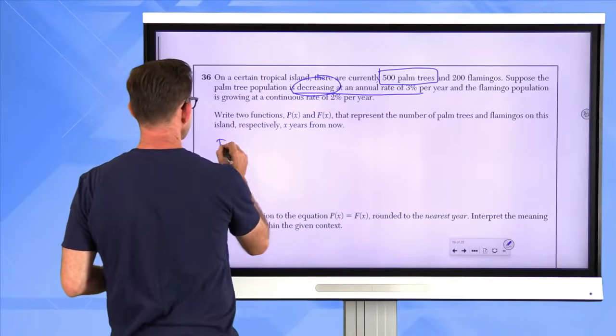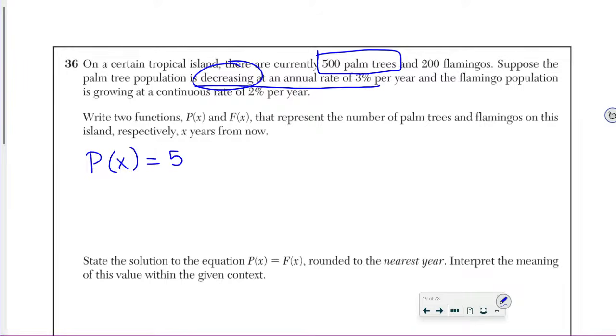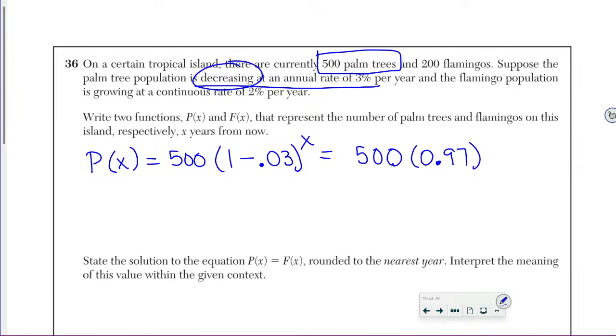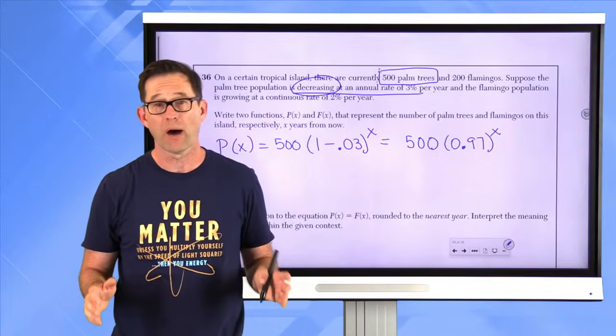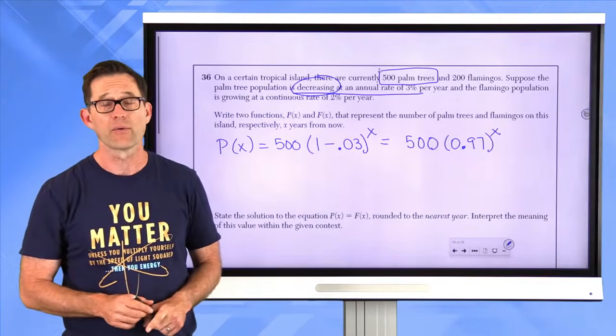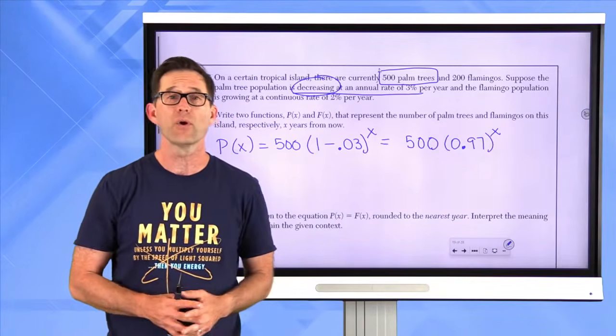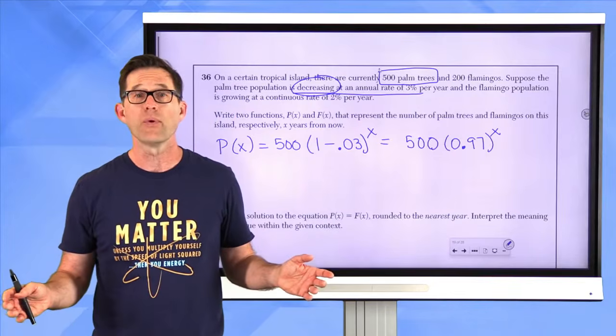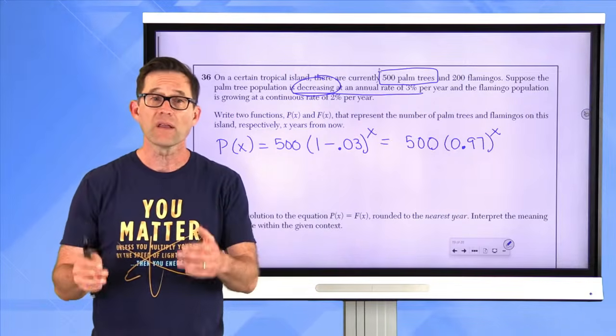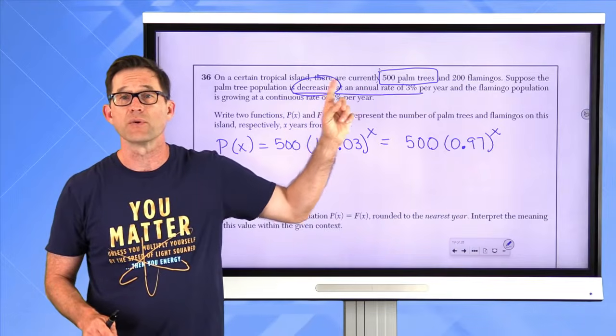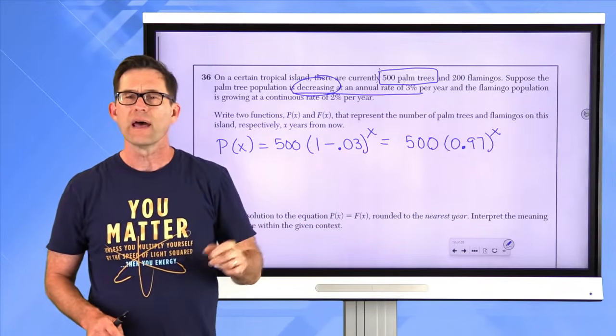So P of x is going to be 500 times 1 minus 0.03 to the x, or better yet, 500 times 0.97 to the x, right? So there is our palm tree population. You have to watch out for that, right? If you've got 500 times 1.03 to the x, you're going to lose probably 2 points right there, right? Because that would be an increasing exponential, and they very clearly told us we were decreasing at a rate of 3% per year.